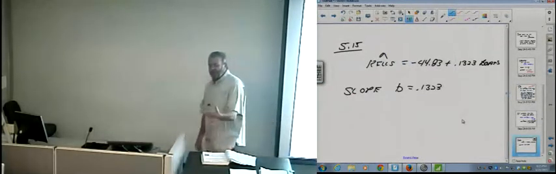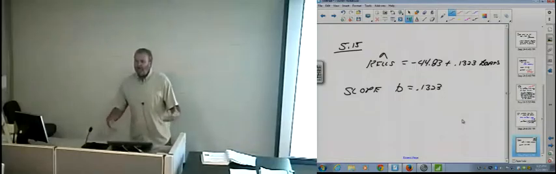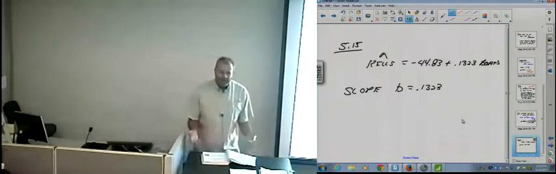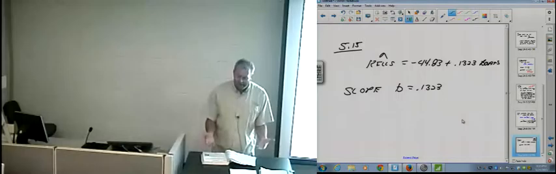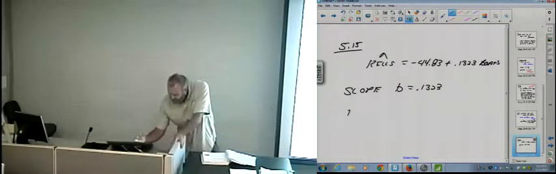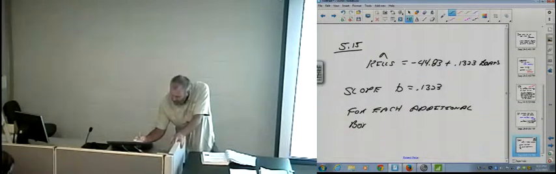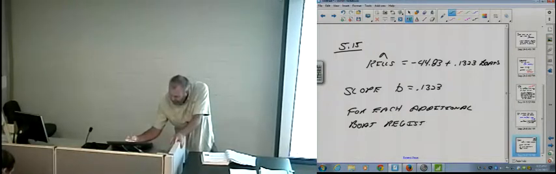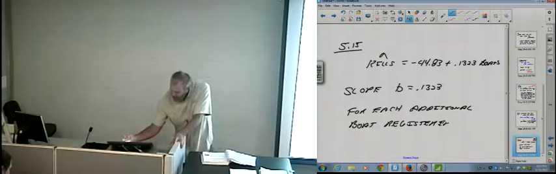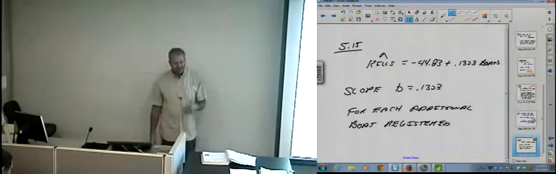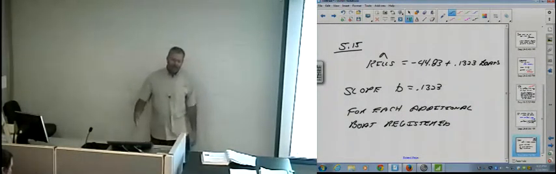So we're supposed to increase our explanatory variable by 1 unit. The explanatory variable here is the number of boats registered. So for each additional boat registered, I'm hoping you understand I just increased your explanatory variable by 1 unit. You're looking at the number of boats registered.